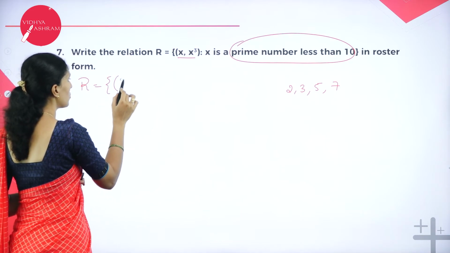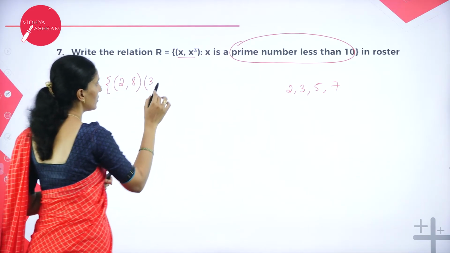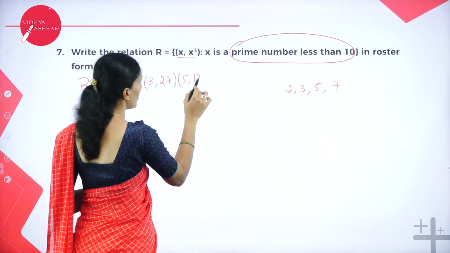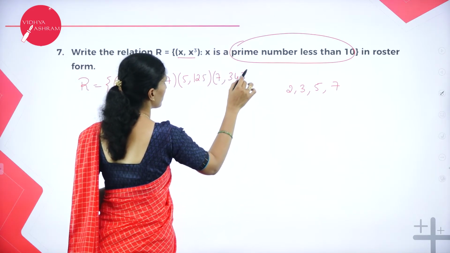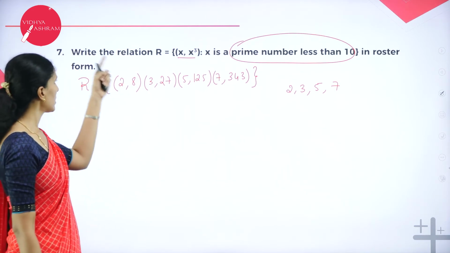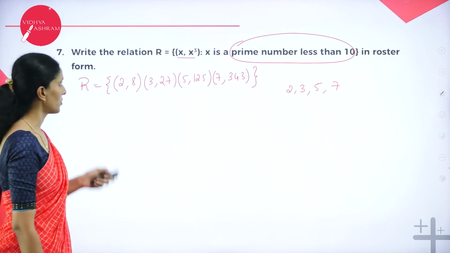If you write 2, 2 cube is 8. If you write 3, 3 cube is 27. If you write 5, 5 cube is 125. If you write 7, it is 343. So therefore, we have written the given relation in roster form.